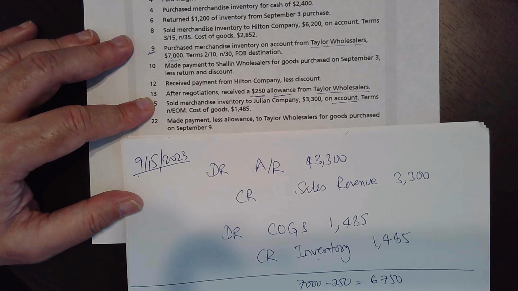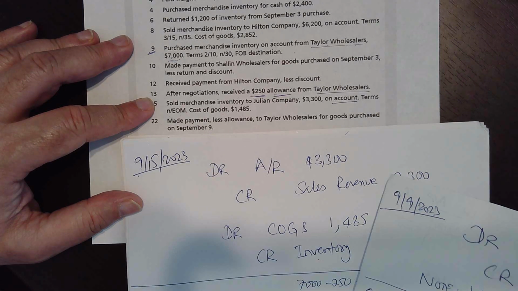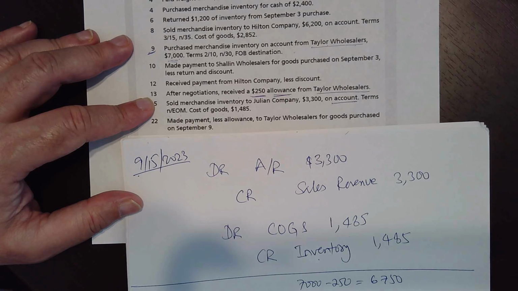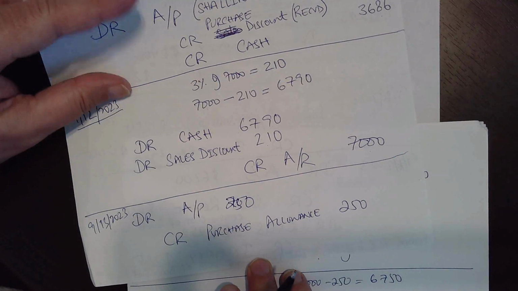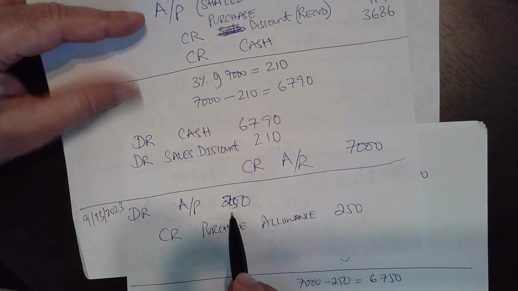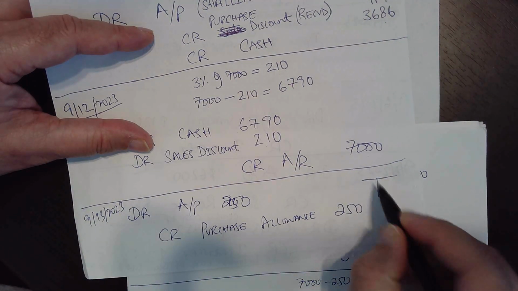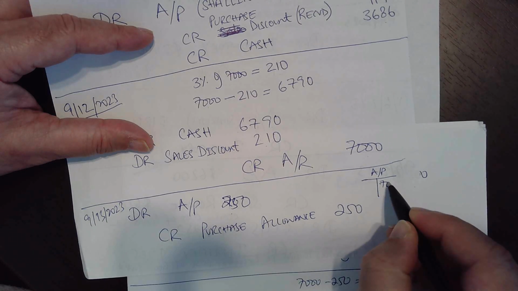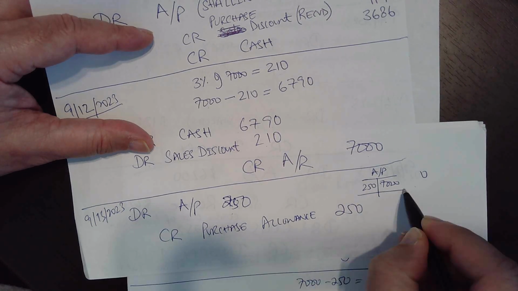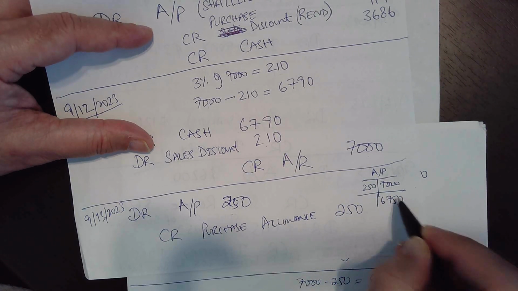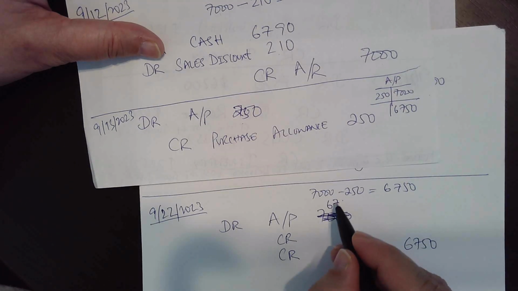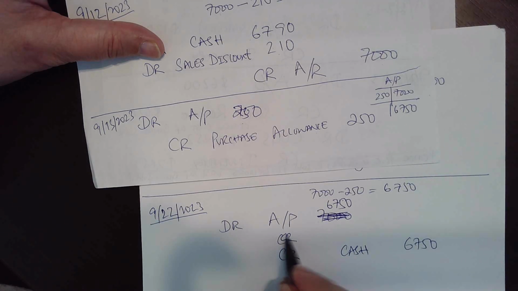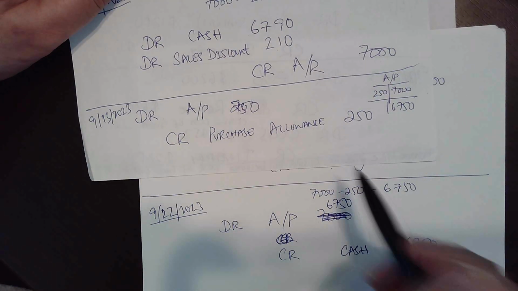So I believe we have already done that here. Oh, we have already, in this case, reduced our accounts payable for $250. So for example, your accounts payable was $7,000. We have reduced by 250, so it's 6,750. So we just put 6,750 over here, and we put the cash because we have already taken the purchase allowance.